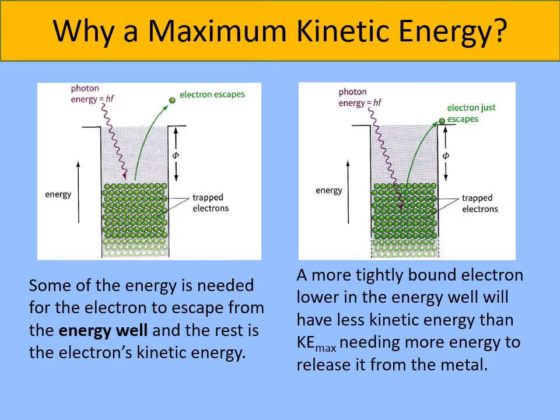Okay, so a more tightly bound electron lower in the energy well will have less kinetic energy than the kinetic energy maximum, needing more energy to release it from the metal.